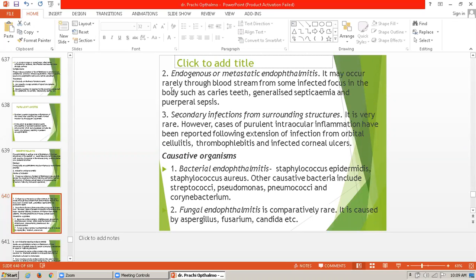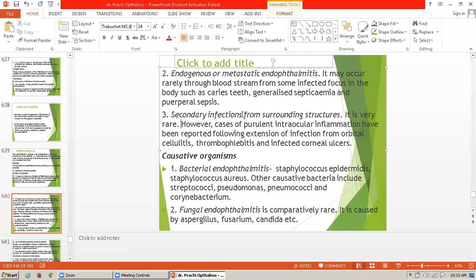It may occur rarely through the bloodstream from some infected focus in the body, such as caries of teeth, generalized septicemia and purulent sepsis.